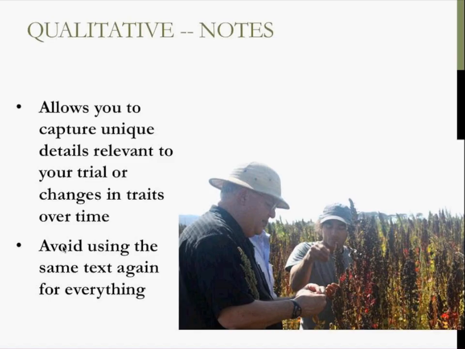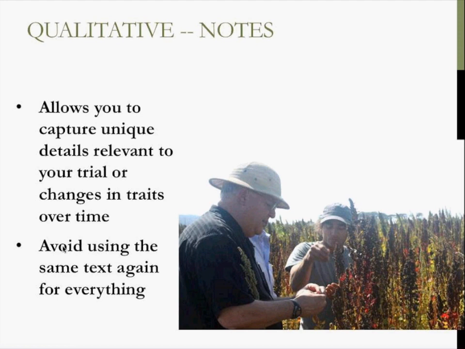The last strategy is qualitative. This is where you're focused more on taking notes and recording your impressions of the plot. This can be really important in addition to the other measurements, so you should always take notes on the plot so you can remember what they look like and what you were thinking at the time about how they compared to other varieties.